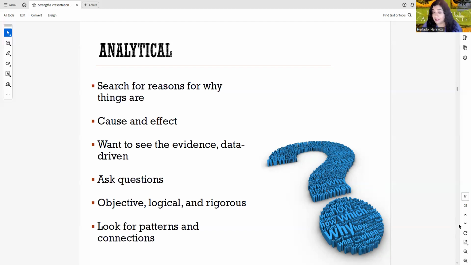Analytical is not one of my top five strengths, but I can tell you, I noticed some of these characteristics are part of what I consider my personality or the way I do things, especially noticing patterns and asking why. I tend to be logical, but I will say that's because one of my strengths is intellect. So the themes, I think, oftentimes interact with each other and they're similar.